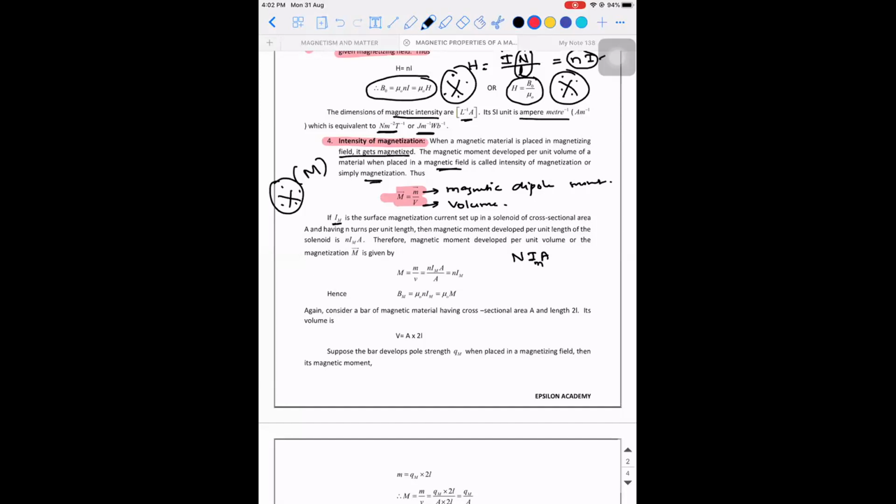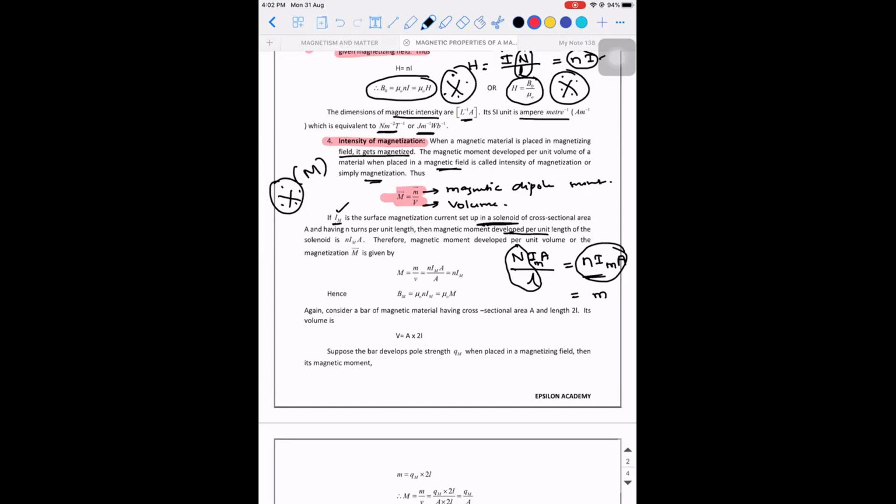Magnetic dipole moment developed per unit length. So capital N divided by L will be equal to small n into Im into A. Is this clear, guys? So small n into Im into A is the magnetic dipole moment that is getting generated across the solenoid on the cross-sectional area set up in the solenoid, right? And that is happening because of the surface magnetization that has taken place.